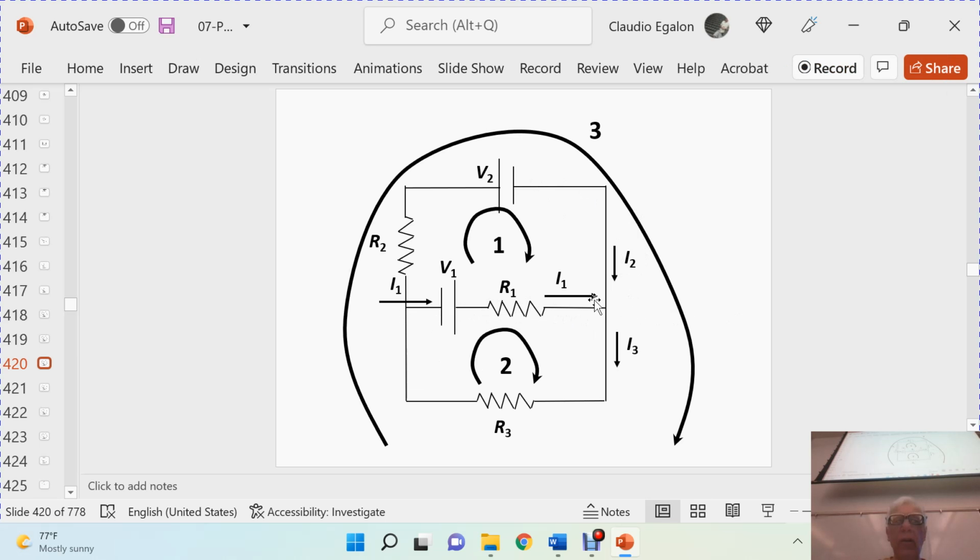I'm going to shorten this guy so I can fit it properly there on the other side.